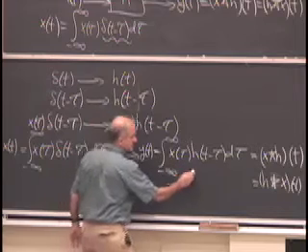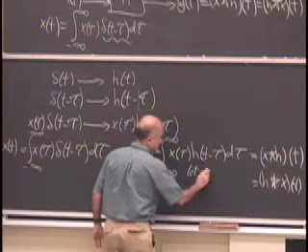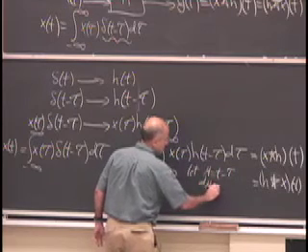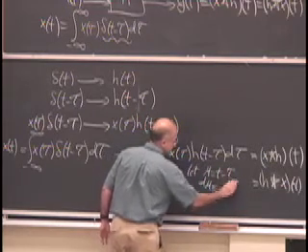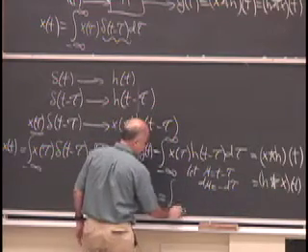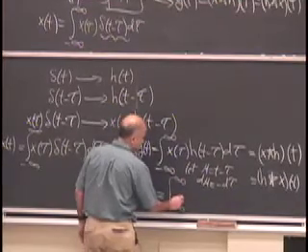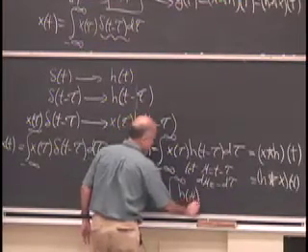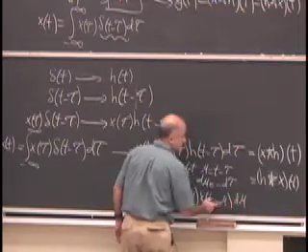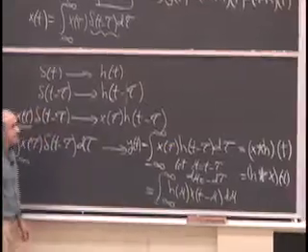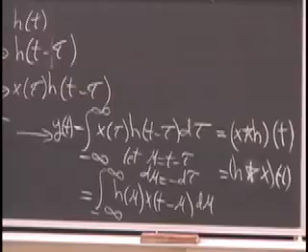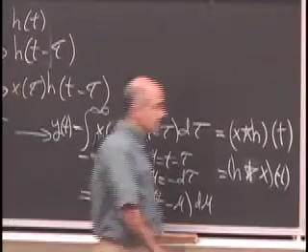So if you let, for example, let mu be t minus tau, then d mu will be minus d tau, and you can work it out and write this integral as the integral from minus infinity to infinity of h of mu x of t minus mu d mu, which is h convolved with x. Okay, so that's the story in continuous time. Everything, again, follows through from linearity and time invariance.